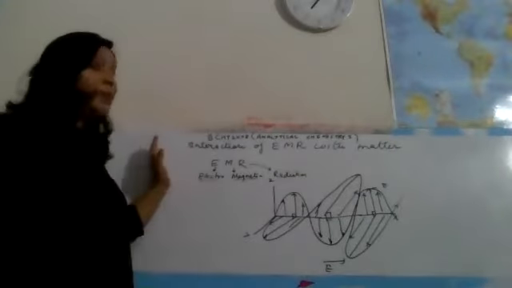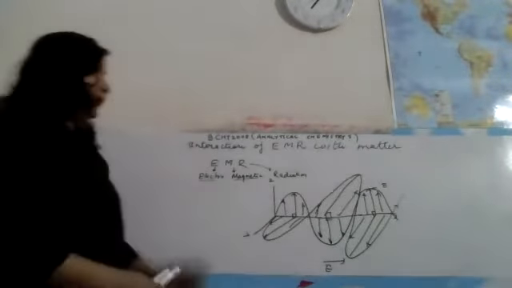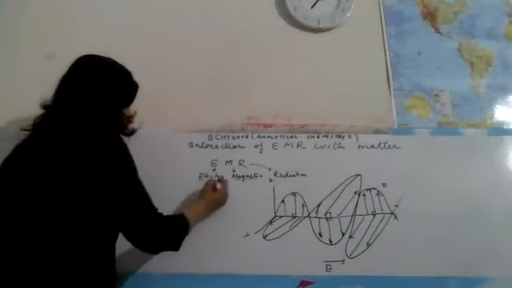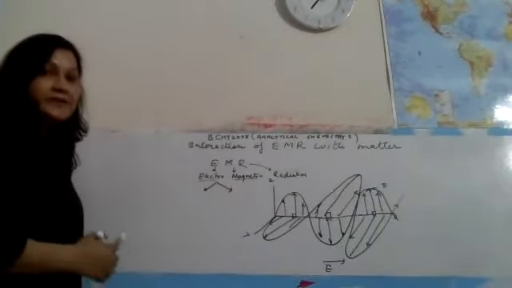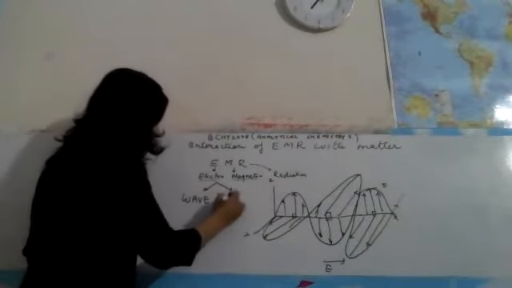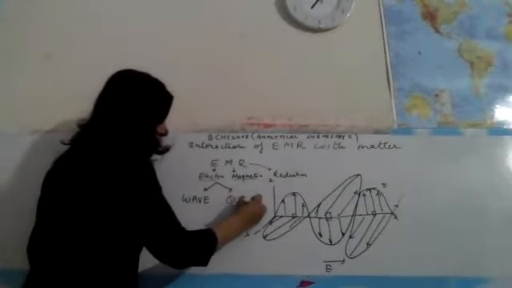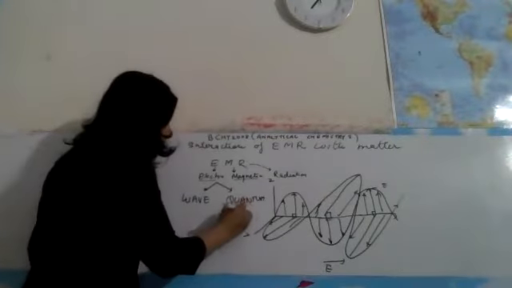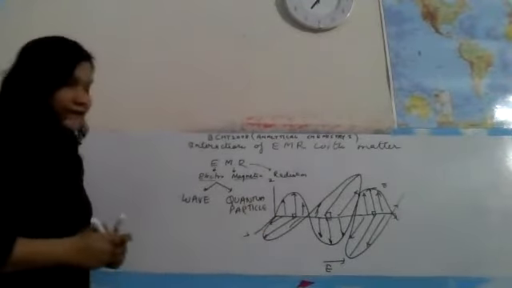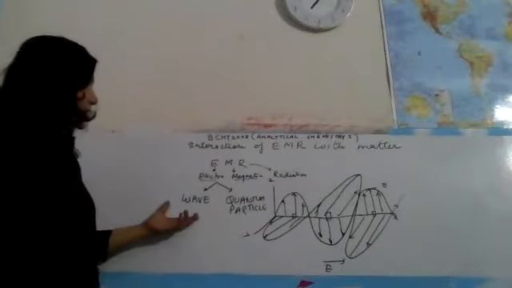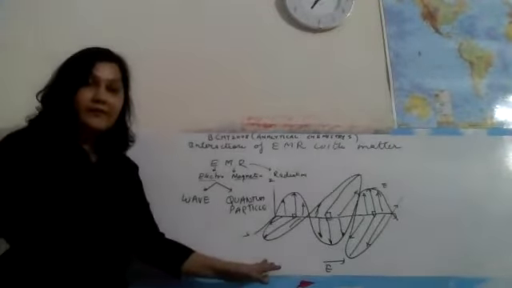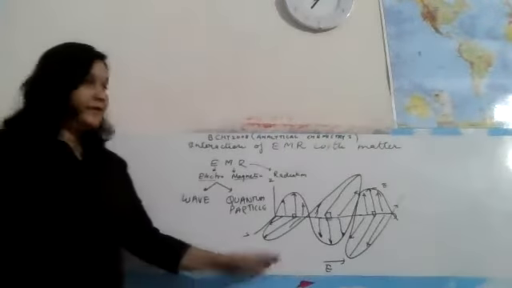Now, what are the properties of electromagnetic radiation? I would like to tell you that electromagnetic radiation has both properties, wave property and quantum or particle property, right? In this lecture, we will discuss those properties which prove that electromagnetic radiations are wave in nature.